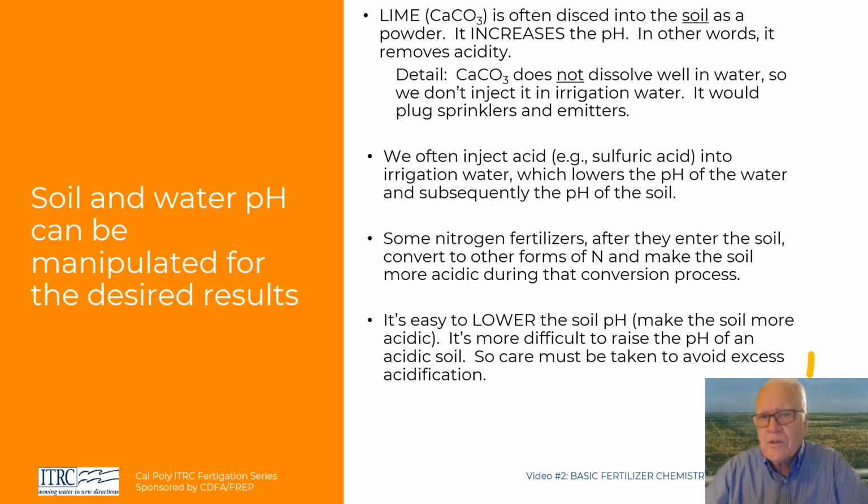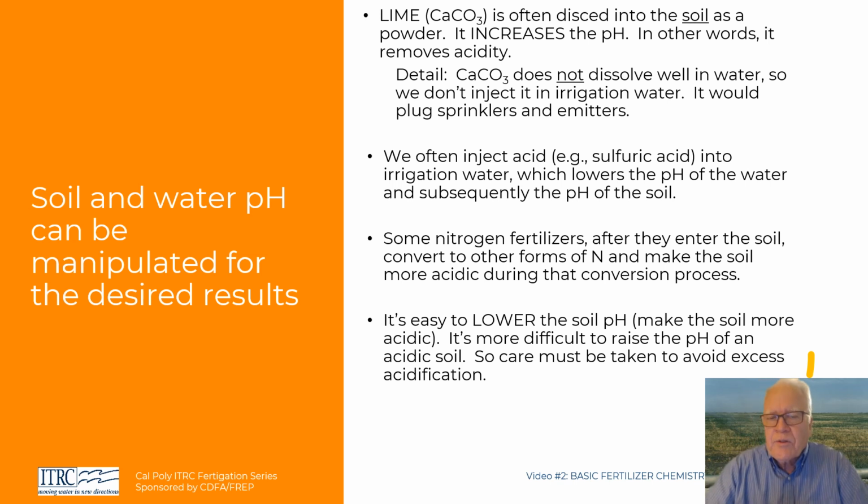So if you try to inject that stuff, you're going to send little rocks through, and they just play havoc with microsprayers and sprinklers and emitters. They just plug them up, or in the case of microsprinklers and regular sprinklers, it's like a kidney stone. It just hurts them a little bit, and it kind of wears them out. Makes big holes out of little holes.